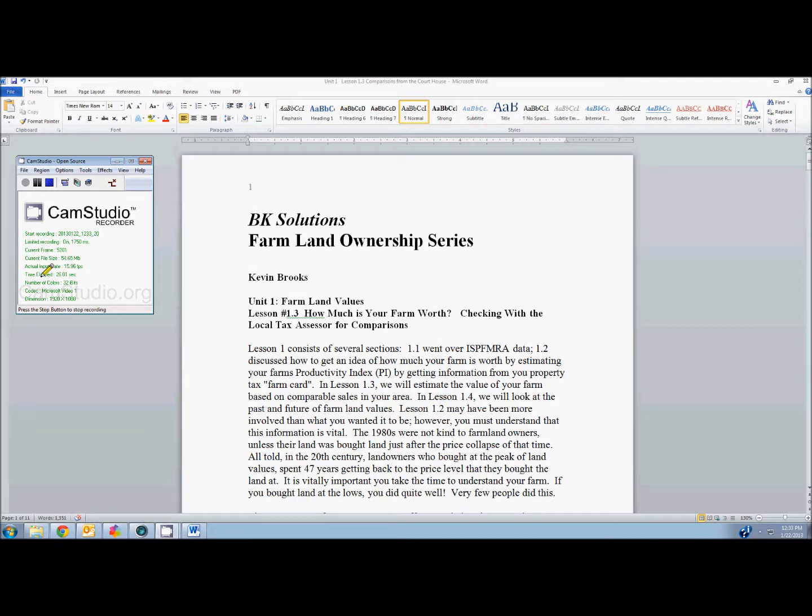In 1.2 we discussed how to get an idea of how much your farm is worth by estimating your farm's productivity index and getting that information from your farm card. In Lesson 1.3 we will estimate the value of your farm based on comparable sales from your area. Coming up in Lesson 1.4 we will look at the past and future of farmland values.